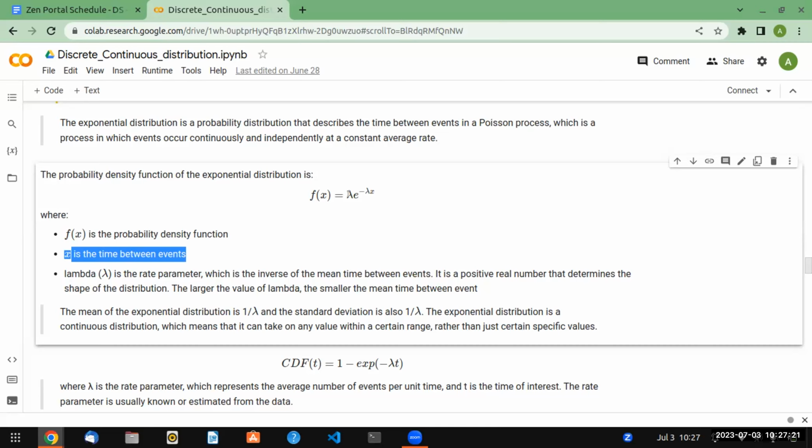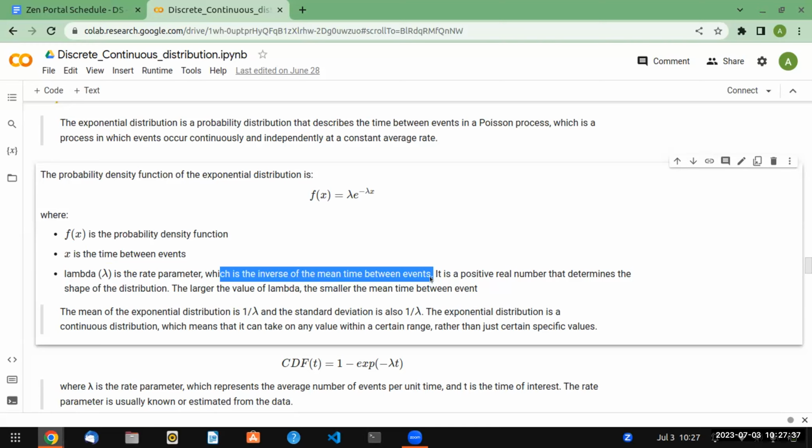And here lambda is called the rate parameter. What is the rate parameter? It is the inverse of the mean time between the events. Can you tell me what the unit of lambda is?